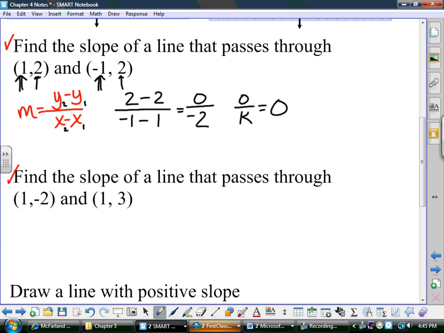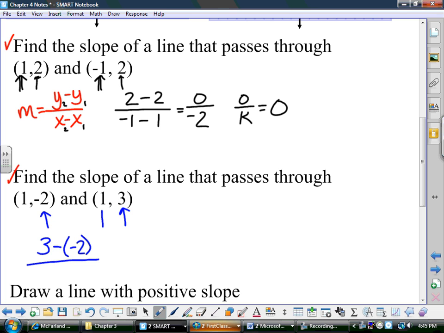You might remember that it's not okay to have a 0 on the bottom, because dividing by 0 is undefined. And it looks like that's what's going to happen in this next example. If we do y minus y, we get 3 minus negative 2 for the top of the fraction.